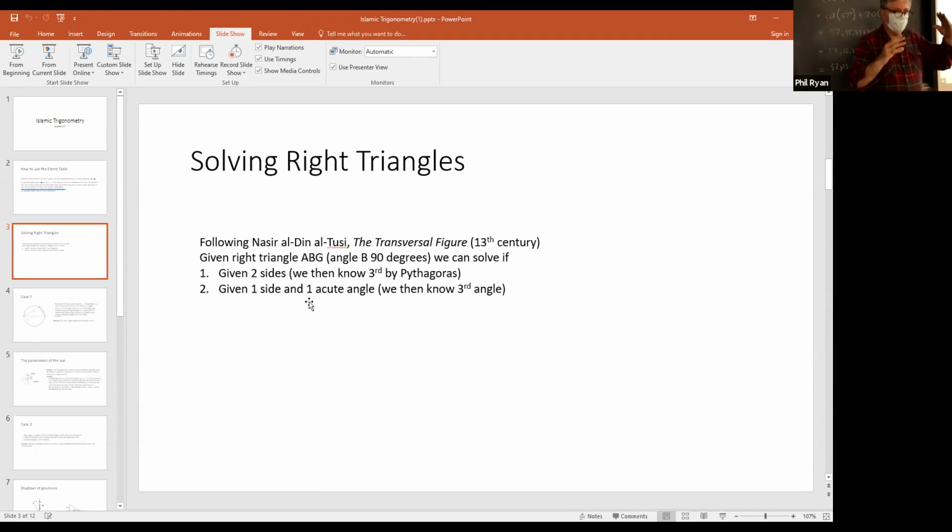So once you're given an acute angle, you know what the other acute angle is because it's just the complement of that angle. And so since you know the angles, you can then use the chord table to figure out another side. Now you've got two sides. Now you can use Pythagoras' theorem and figure out the third side. So there's kind of two cases there.